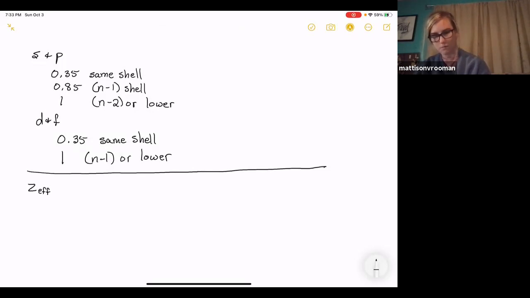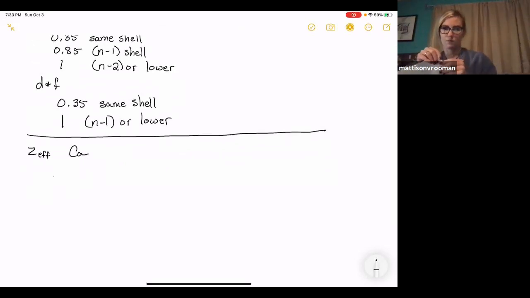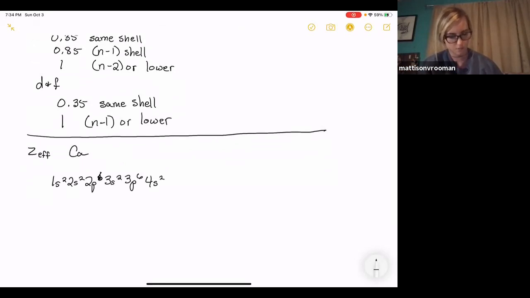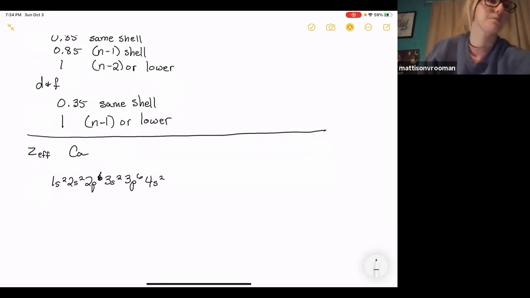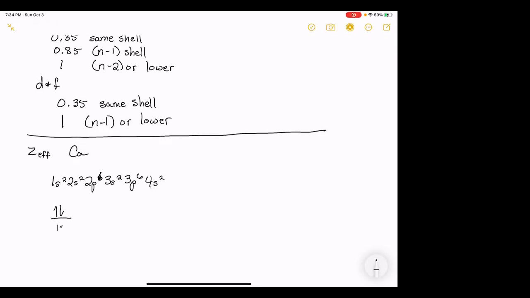So if I had z-effective for, say, calcium, the first thing I would do is I would write out the electron configuration for calcium. And then you can either write it out in this format, or the other thing that also can be useful is instead writing it out in the box diagram.